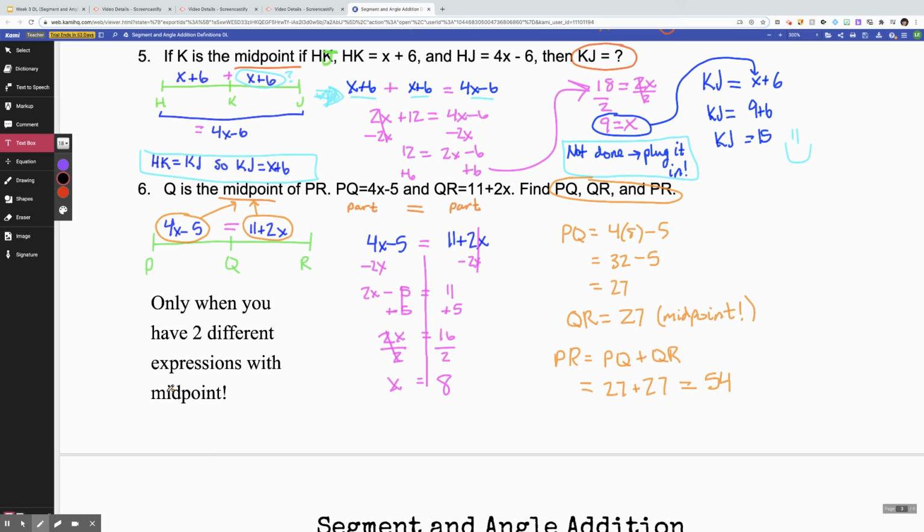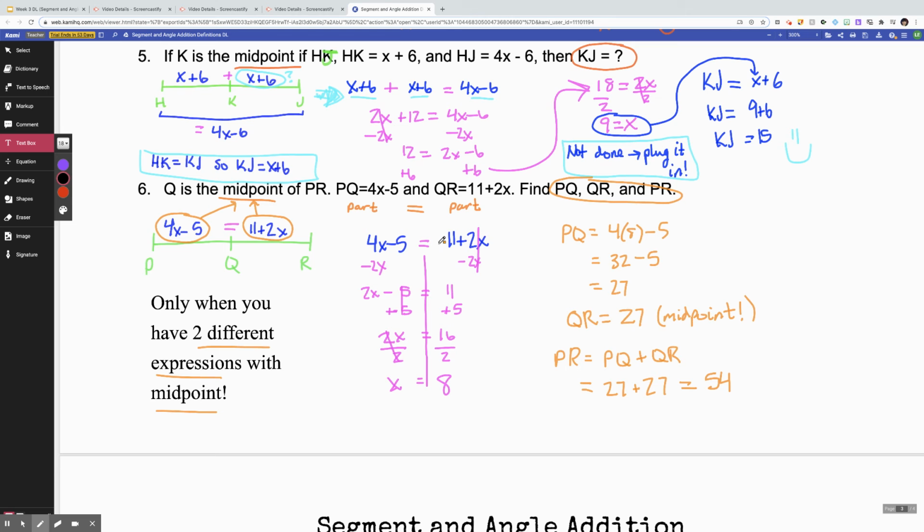Okay, that's the only time that you can do this, where you set these equal to each other. So you can only do that when you have two different expressions and you're dealing with a midpoint, or an angle bisector. If it's just two random parts, they might be different lengths, so we don't know if they're the same. It has to have that magic word midpoint right there.